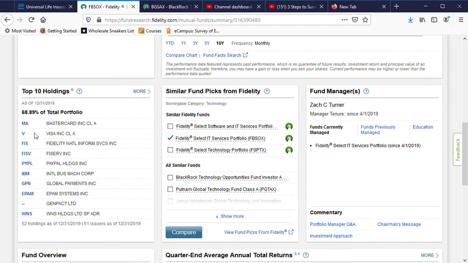Now this is very important too. For those of you that like to invest in Nike, Walmart, and things like that, usually those stocks are here. Look at this one: IBM, PayPal, Federal Reserve, Fidelity National, Visa, MasterCard. So this is a great way to invest in some major corporations without having to buy the individual stocks from that corporation.